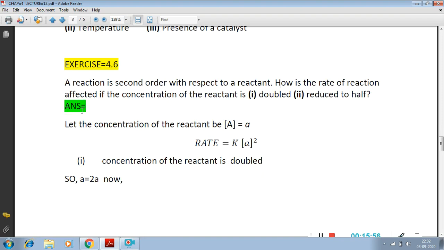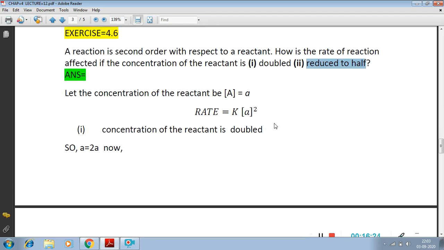Okay, so a reaction is there, and it is a second order reaction. Now if we increase the reactant and double it, what will be the effect on rate of reaction, that we have to find out. And secondly, if we reduce the reactant and make it half, then what will be the effect on rate, that we are going to calculate here.